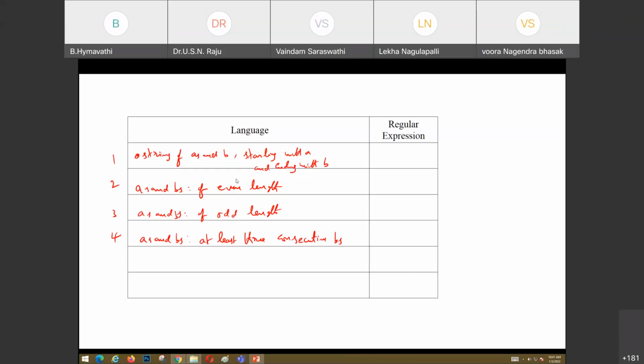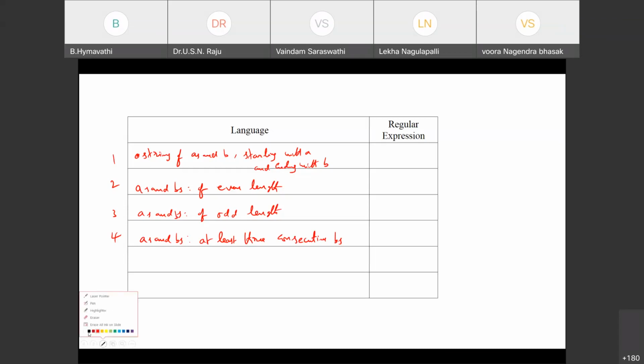Okay, right. Now what is the answer for the first one? A dot (A plus B) whole star into B. Sorry, A followed by (A plus B) whole star, then B. Is it right?